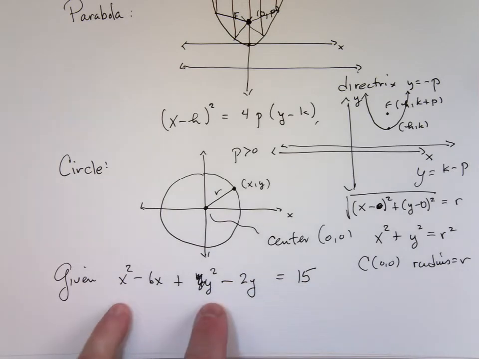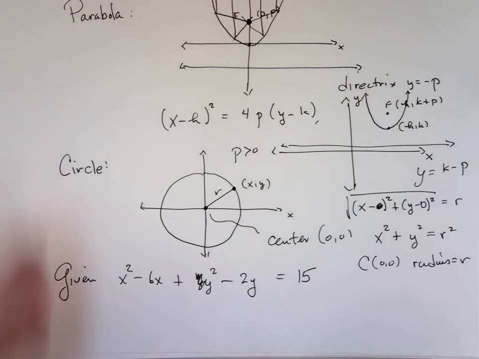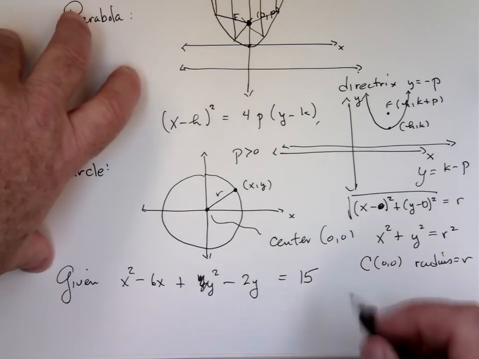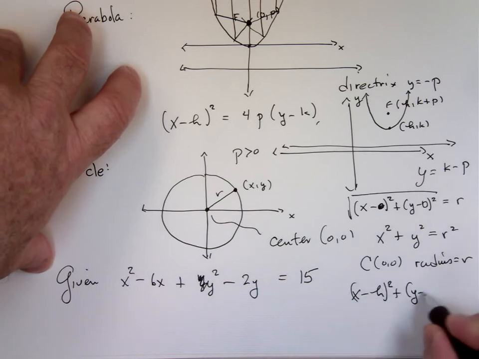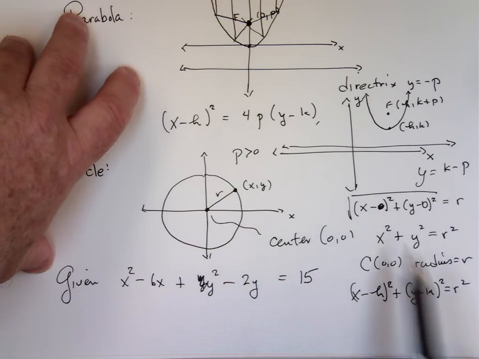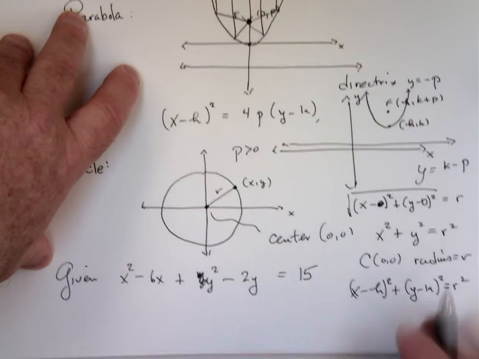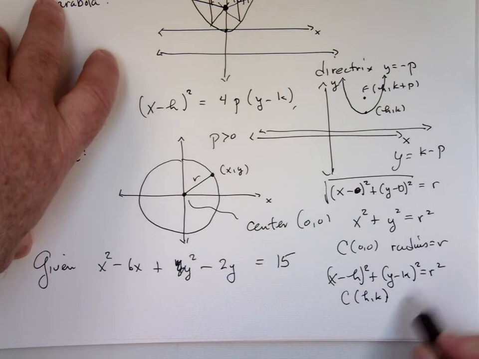This is a circle because the x squared and y squared have the same coefficient, okay? Coefficient of 1. You're going to complete the square for the x's and y's in order to put it in the right form. And that right form, the general form of the circle, will be (x minus h) squared plus (y minus k) squared equals r squared. That moves our circle from the origin to a center of (h, k) with a radius of r.